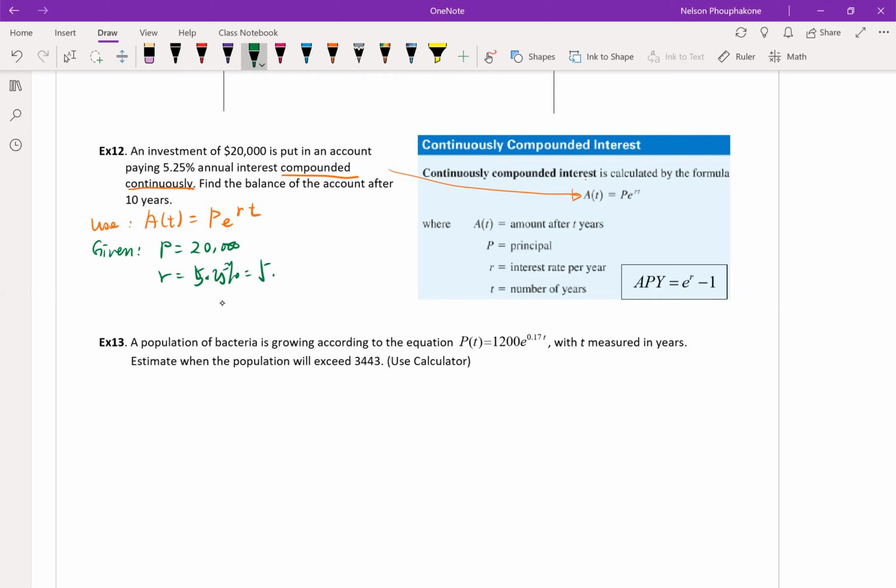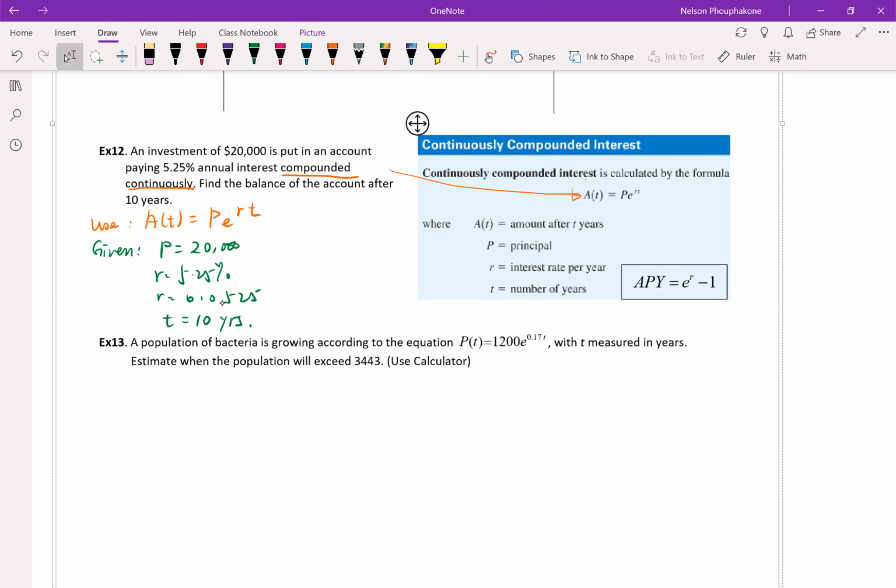So we could use r is 0.0525. And then to this one, t is 10 years. Again, t must be in years.